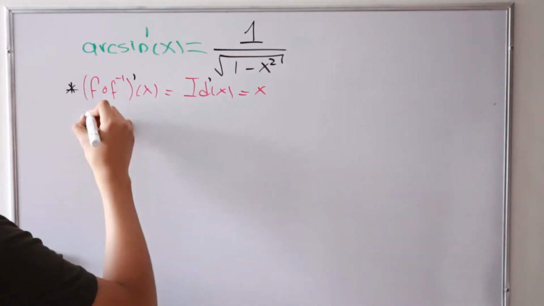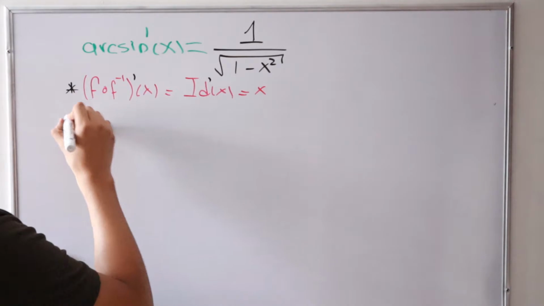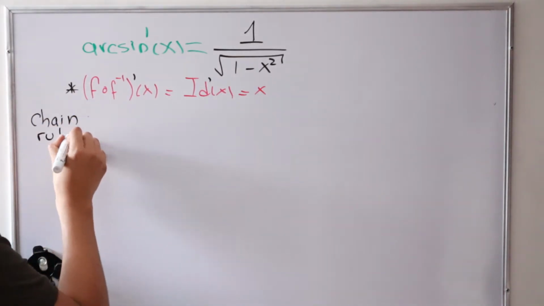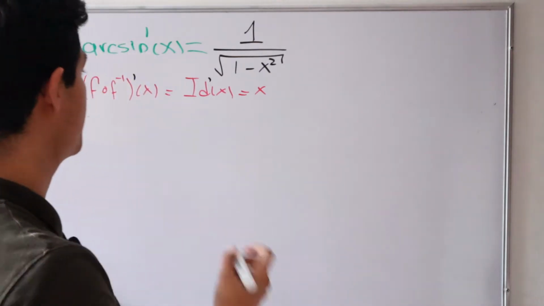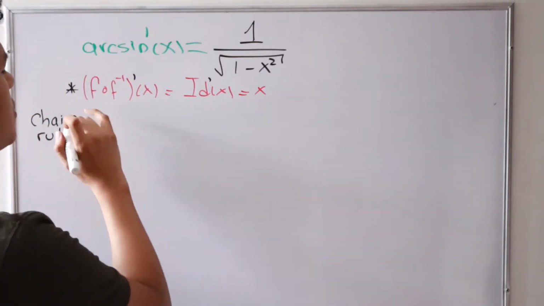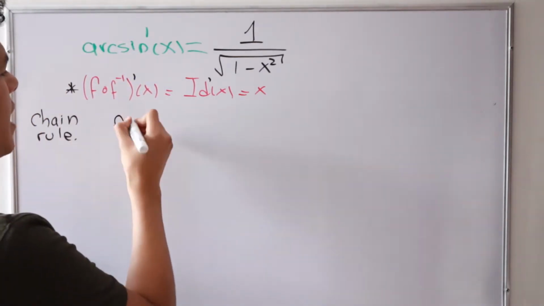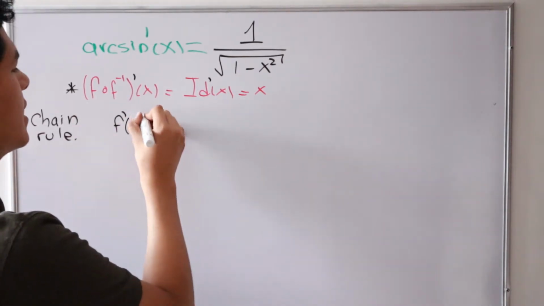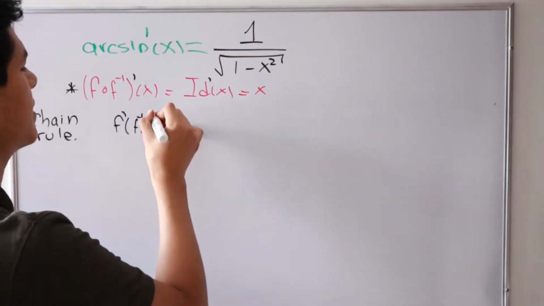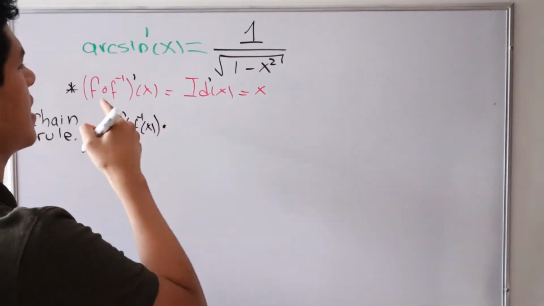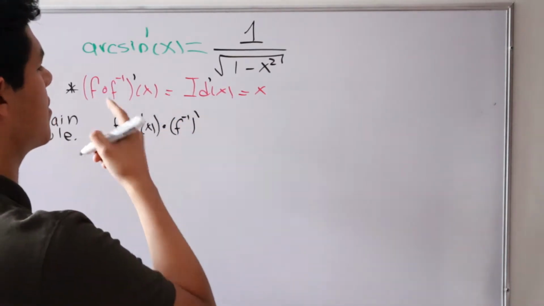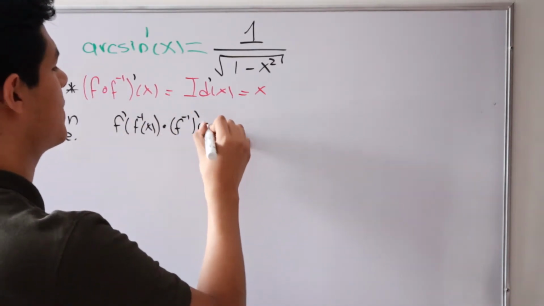In this case, by using the chain rule, we will have the derivative of f evaluated on the inverse of f of x, times the inverse's derivative on x.